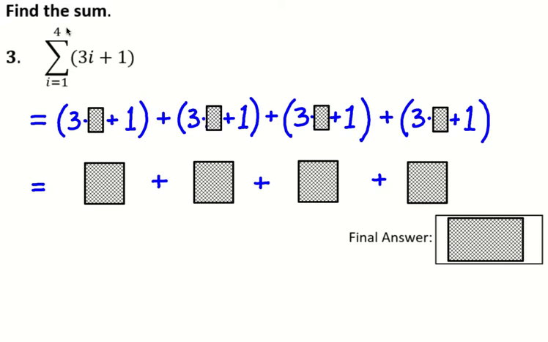Number 3 is a sigma, so we're finding the sum, and we're only going from 1 to 4. Funny enough, 3i plus 1 actually is arithmetic in nature.